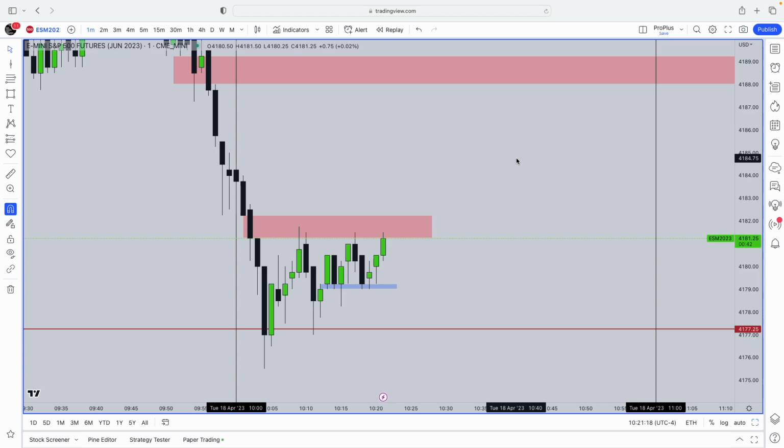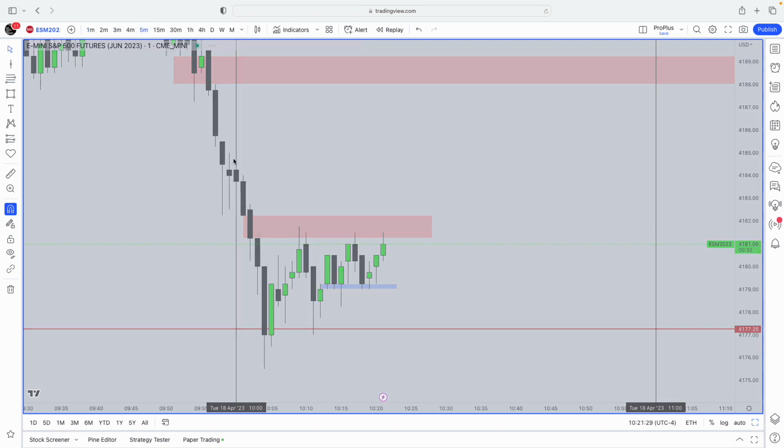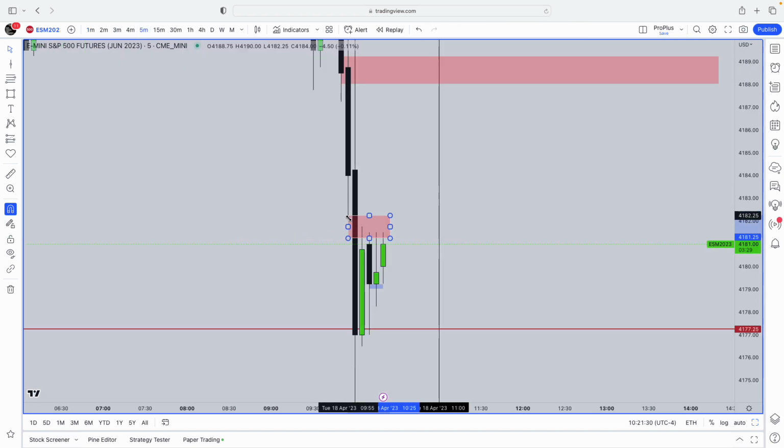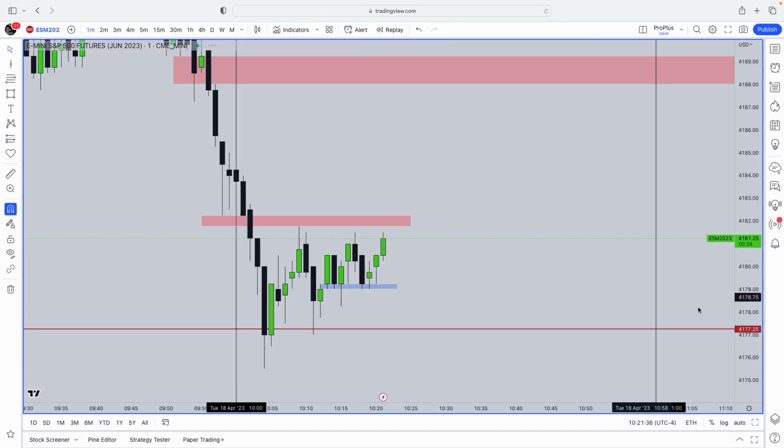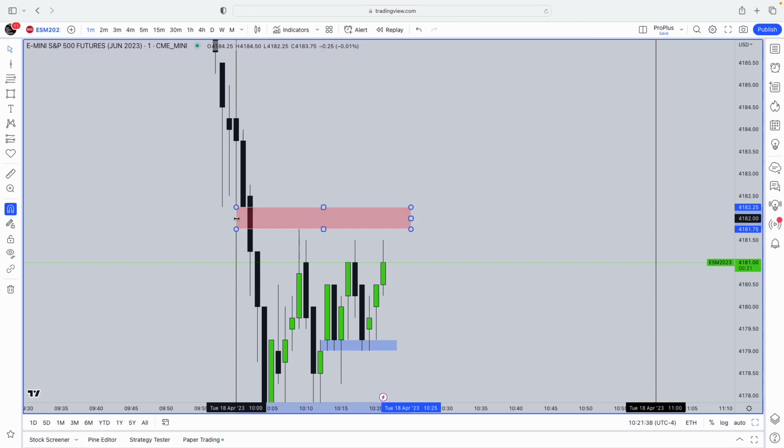It seems like it's struggling to break through this SIBI here. We actually look on the 5 and we draw it down from there to there. Hasn't tapped into that 5 minute one yet, but for now we'll keep this 1 minute one.